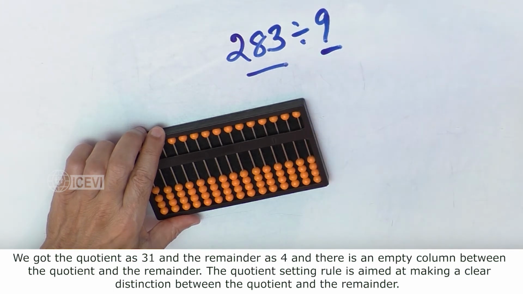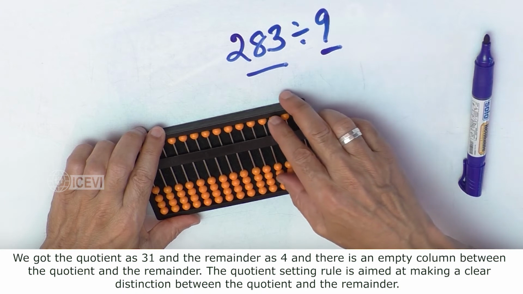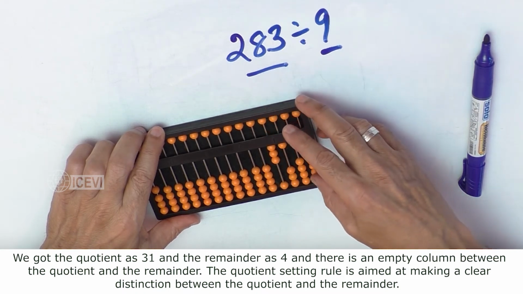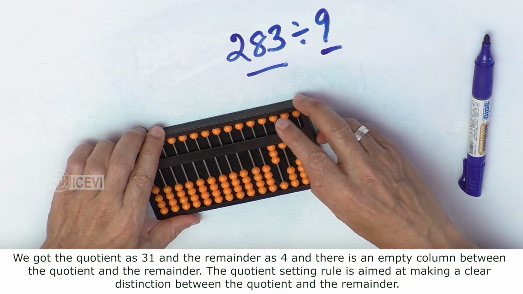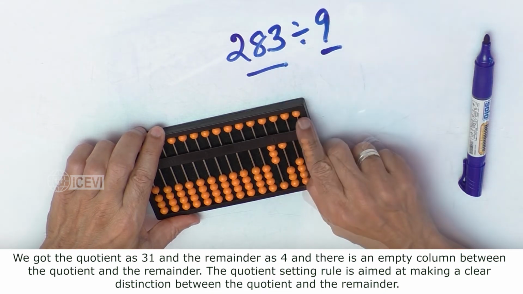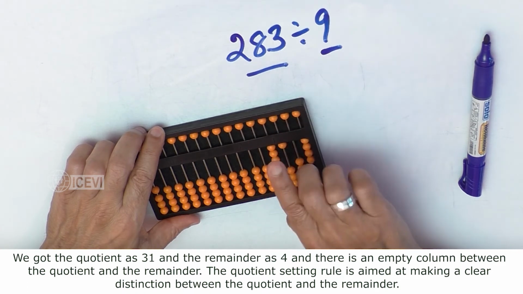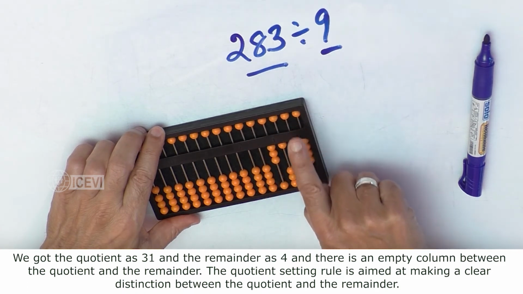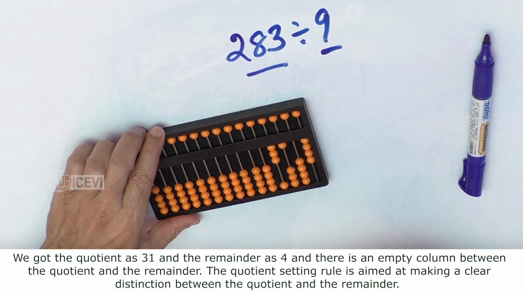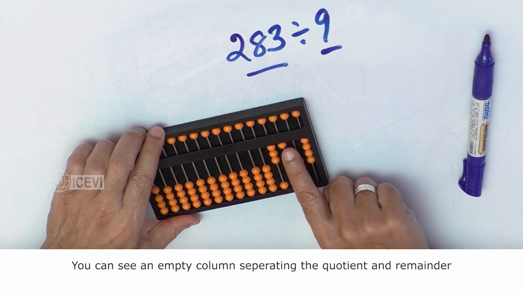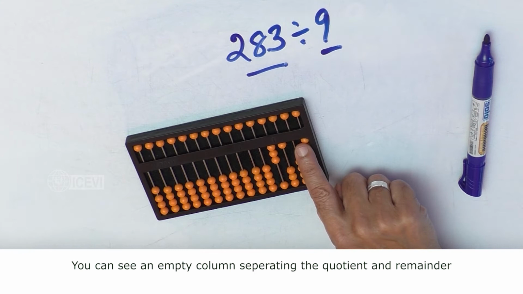We got the quotient as 31 and the remainder as 4 in that problem. The quotient setting rule is aimed at making a clear distinction between the quotient and the remainder. You can see there is an empty column separating the quotient and the remainder.